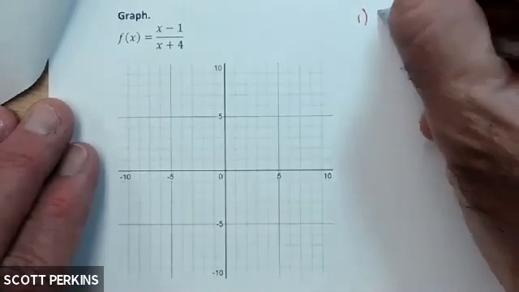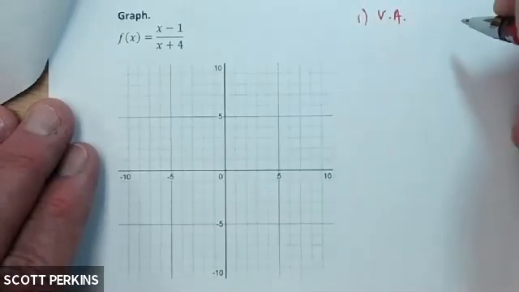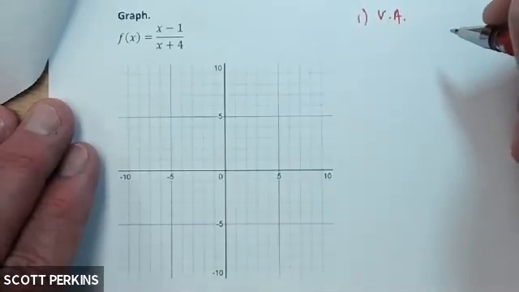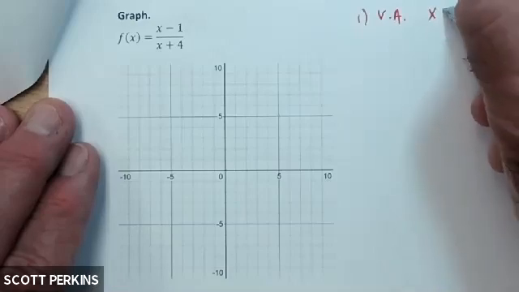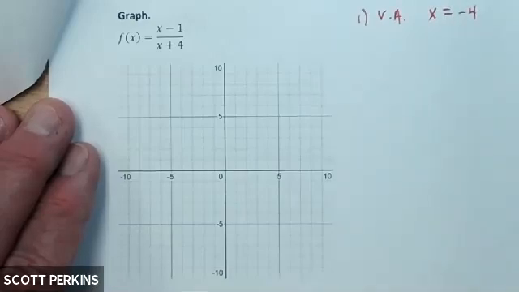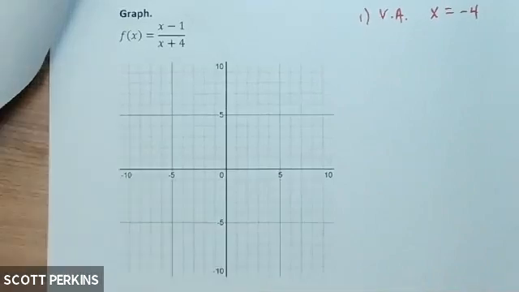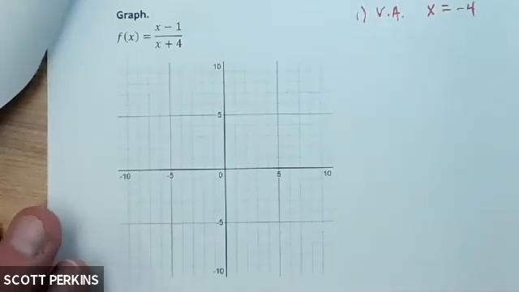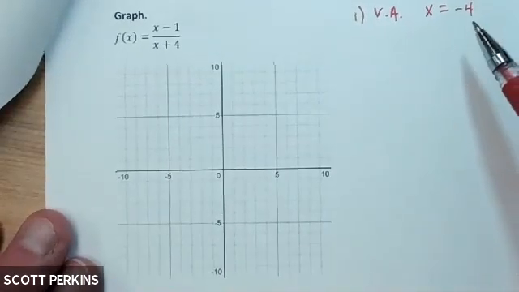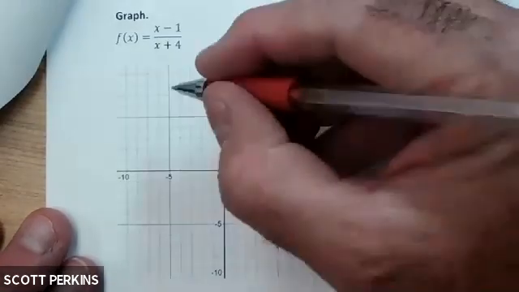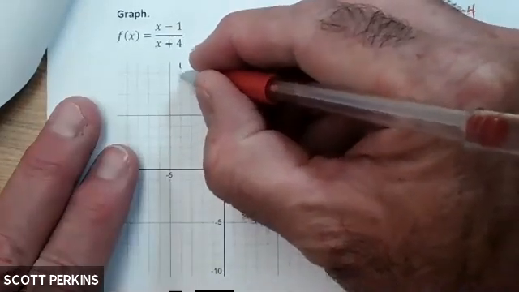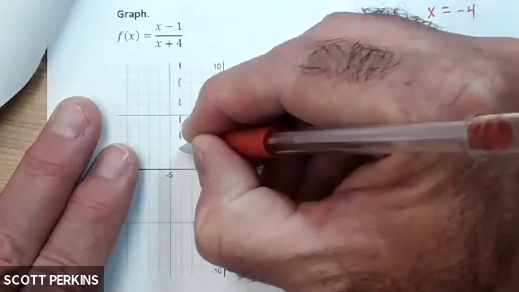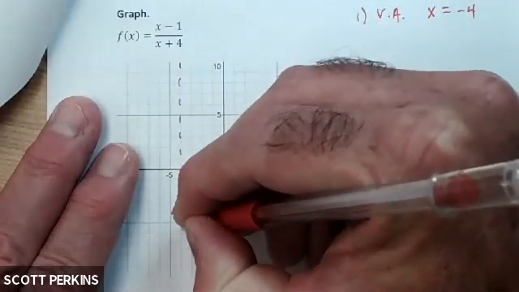The vertical asymptote we found last time, the very first example, was the x value of -4. And we got that by setting the denominator equal to 0. That's from the front page. So what I'm going to do first is make a nice dotted line right here at the x value -4.